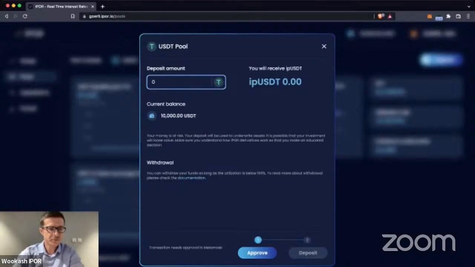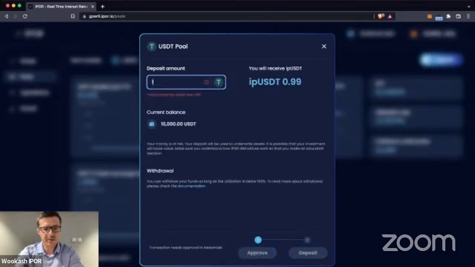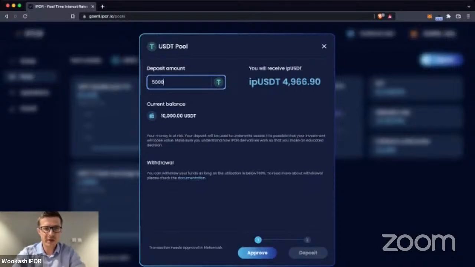Okay, so let's start. Let's provide maybe 5,000. When you type the amount that you want to provide, you will see how many IP tokens you get. IP tokens are ERC20 tokens that represent your part in the pool.